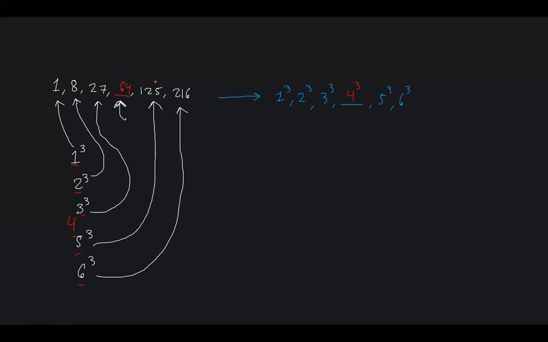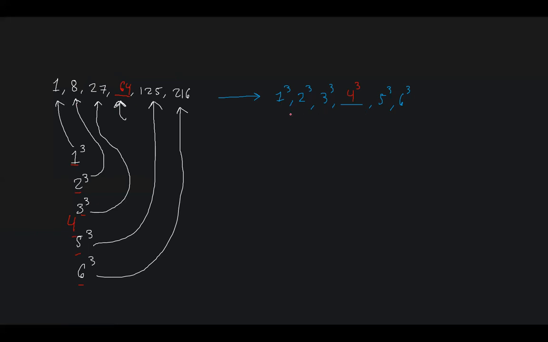All right. You guys get the pattern here. So what can we say again? In this pattern, all of the numbers are in cube form, so basically a number raised to 3. If we simplify that, we have the numbers 1, 2, 3, 4, 5, and 6.